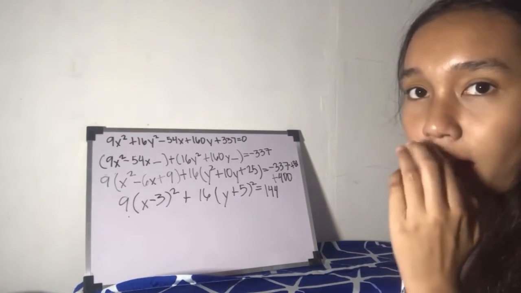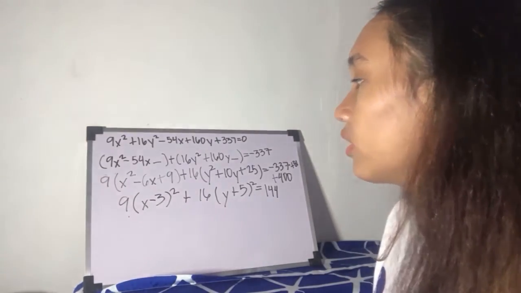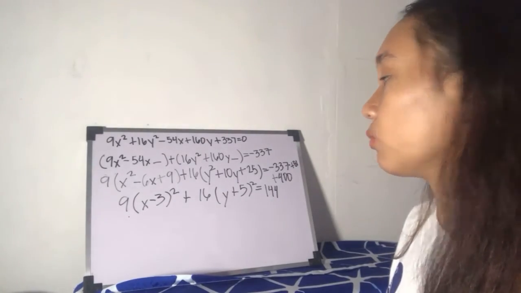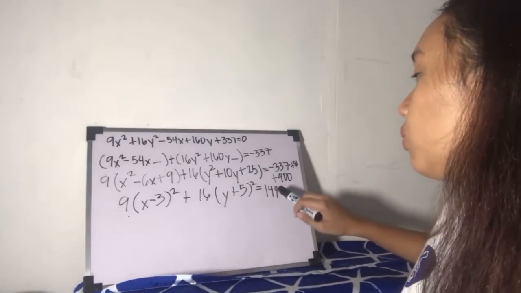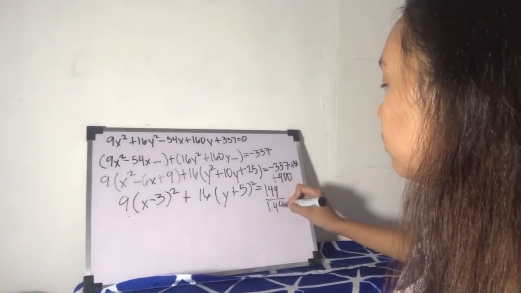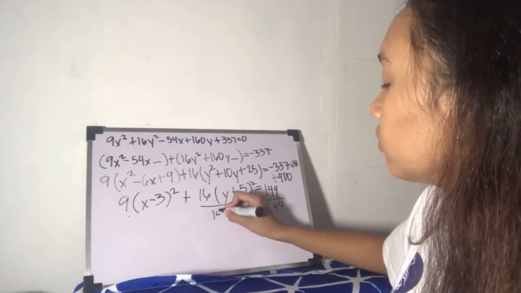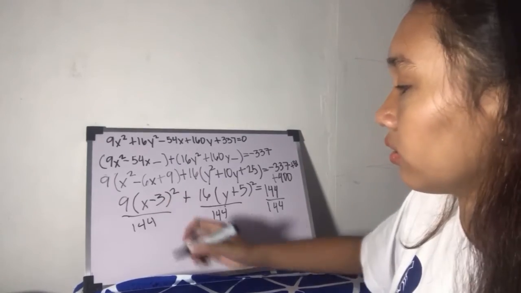Next, we know that to get the standard equation, we need to divide this by 144. That will be 144 over 144, and 144 over 144.